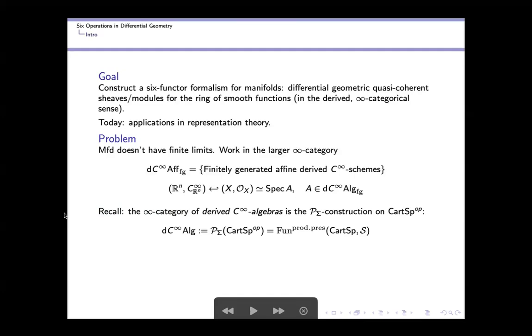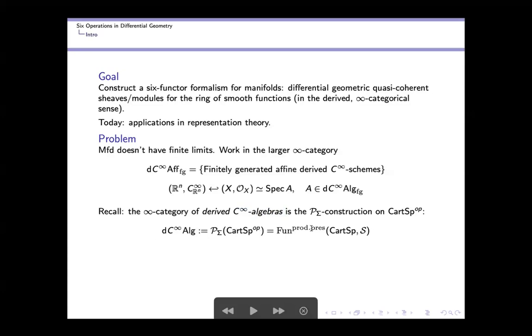So in algebraic geometry, you work with, say, over C, a category of commutative algebras over C. If you want to do differential geometry over the reals, you have to remember extra C infinity structure. So the category of rings in differential geometry is the category of C infinity rings, or C infinity algebras.